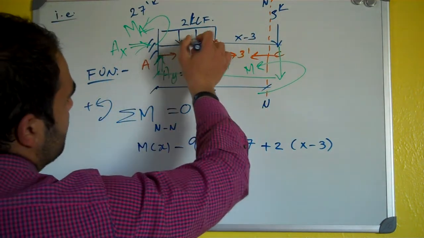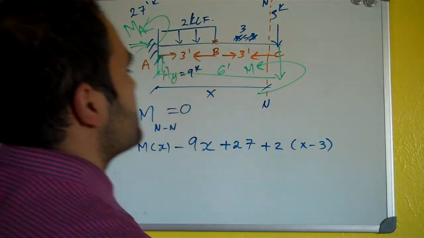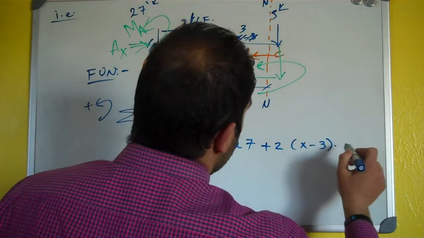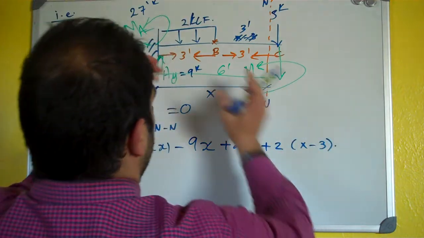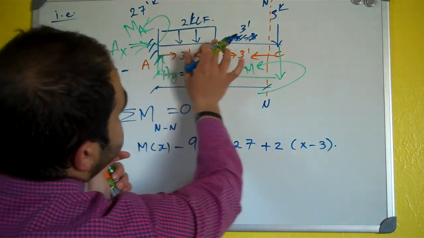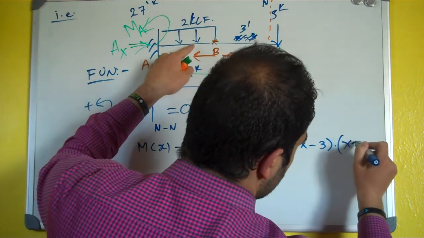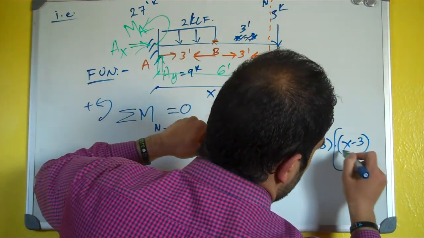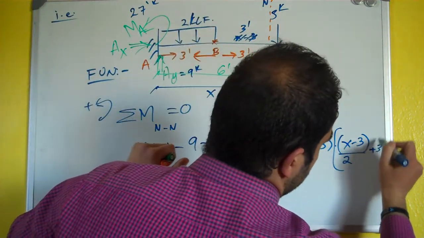Then you multiply that by what? By half of this plus this. So that will be x minus 3, half of that, plus this, which is 3.